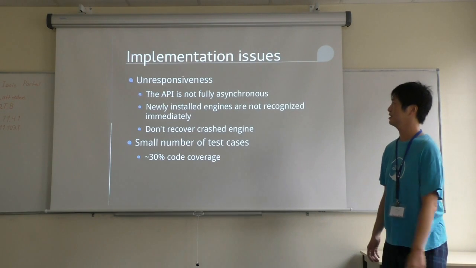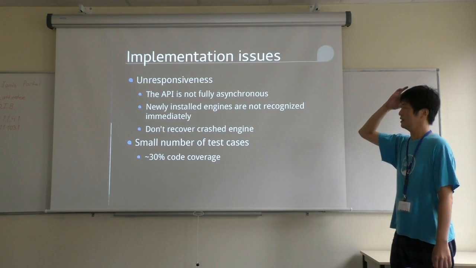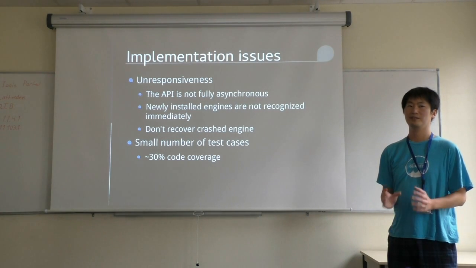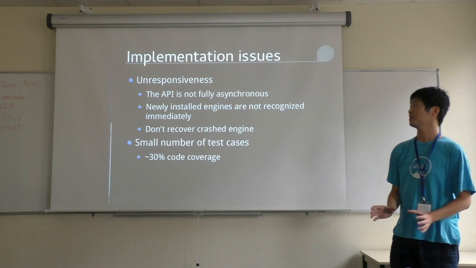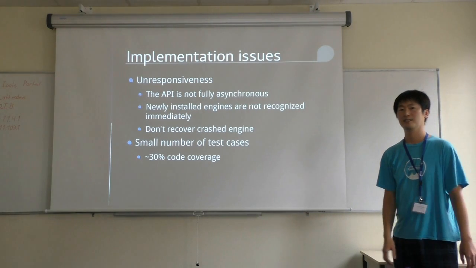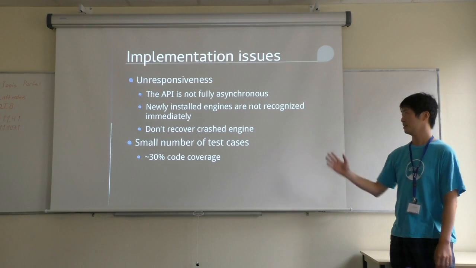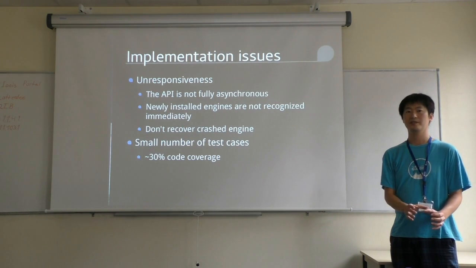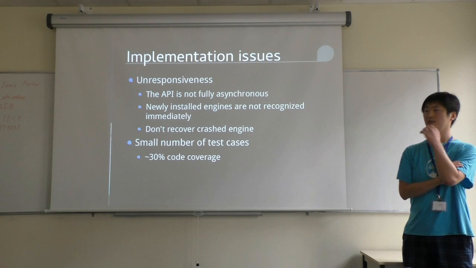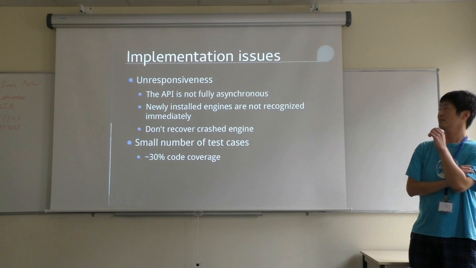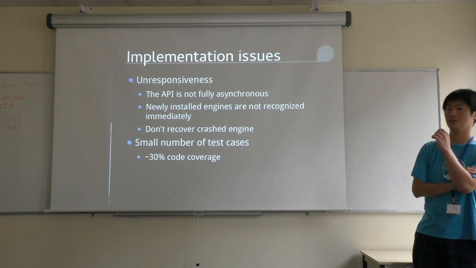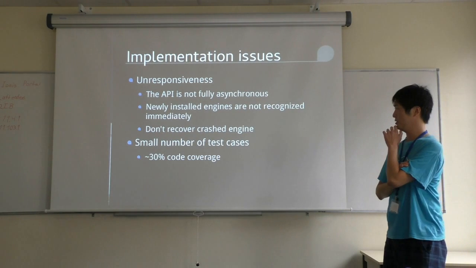Namely, IBus was started in 2008, and at that time there was no asynchronous stuff, so the API was designed as synchronous. Some parts have been rewritten as asynchronous, but some other parts are synchronous only. So it causes some performance issues.